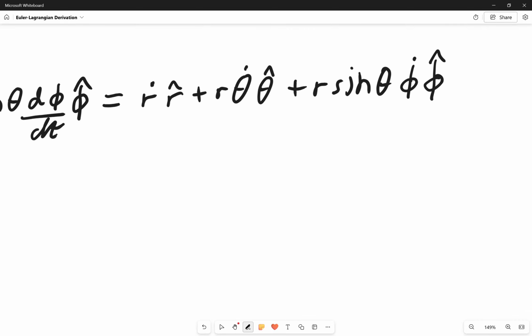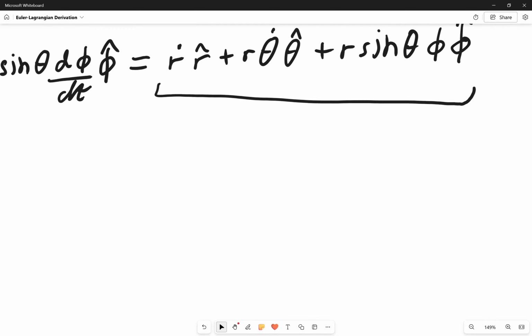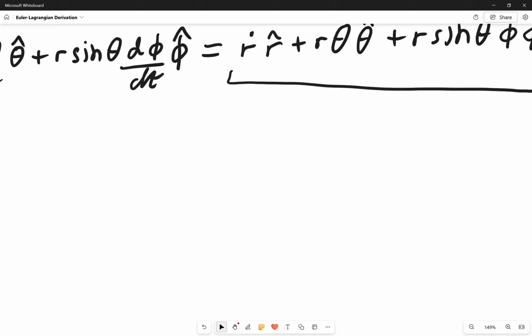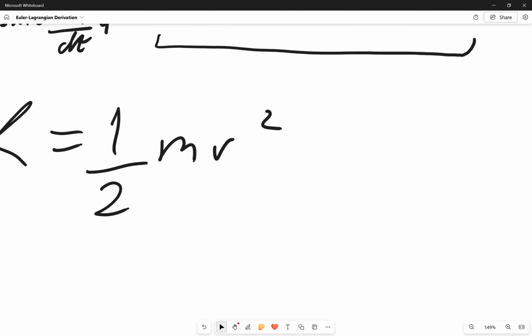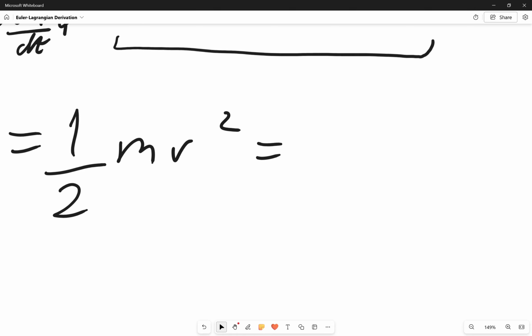Now, since I defined the velocity vector here, I can define the kinetic energy. And the kinetic energy, we all know, is half times m v squared. And I can replace the v with L dot.